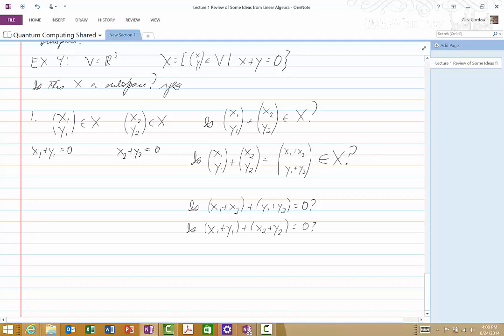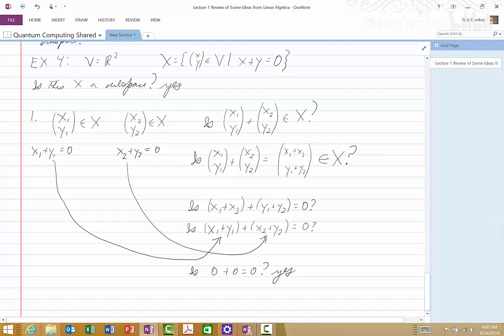And now, if we use that information down here, then we see that this question right here is equivalent to the question, is 0 plus 0 equal to 0? And of course, the answer is yes.